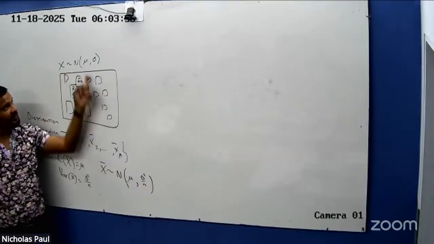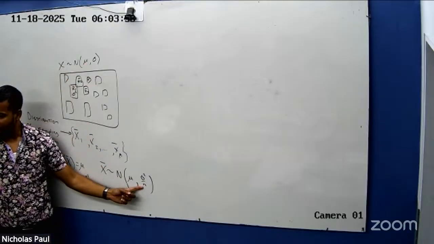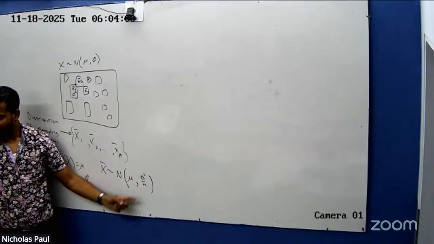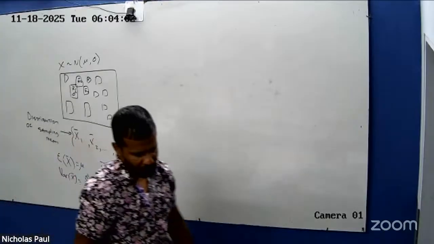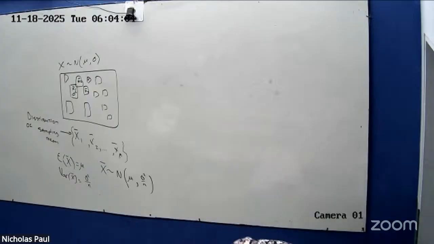The mu is the same, but the variance is now sigma squared on n. All right? So that's a new distribution that we're going to focus on. Whenever you hear sample distribution of means, that's what we're talking about.